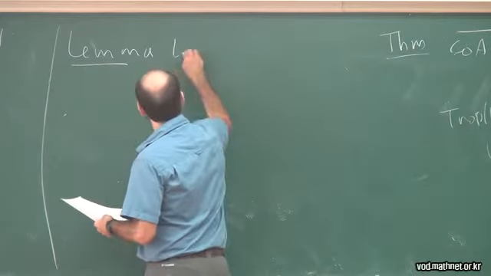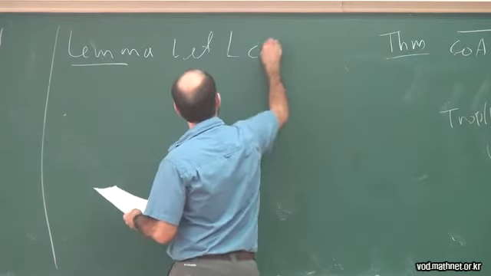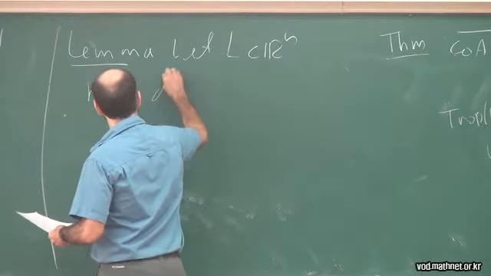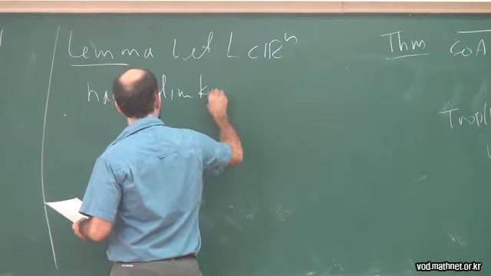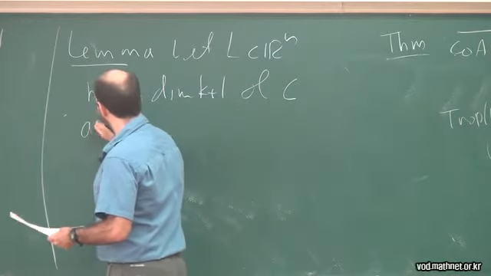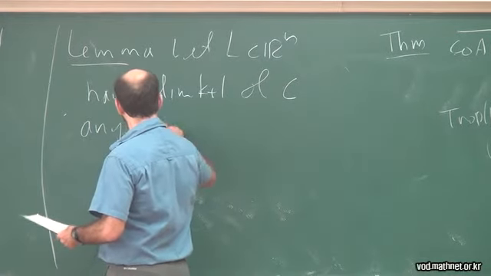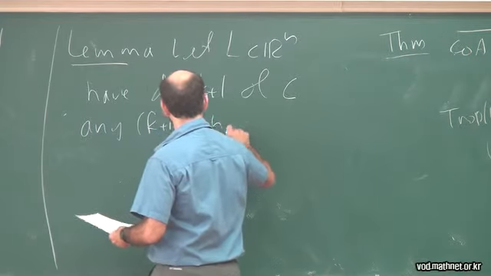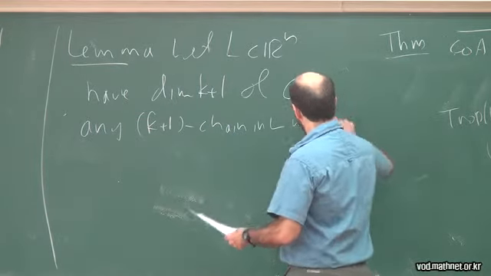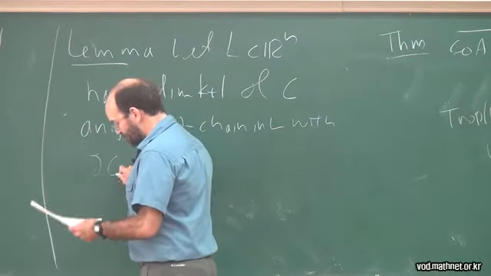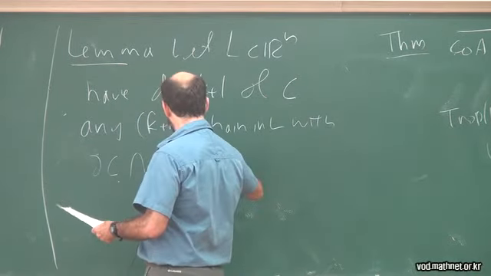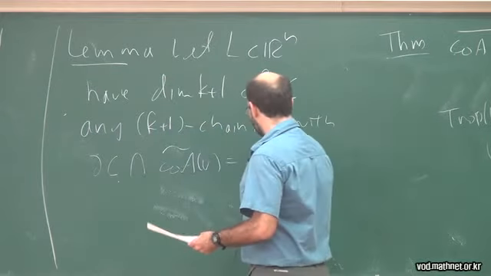Let L contained in R^n have dimension k+1, and C any k+1 chain in L with the boundary of C intersect the lifted coamoeba of V empty.